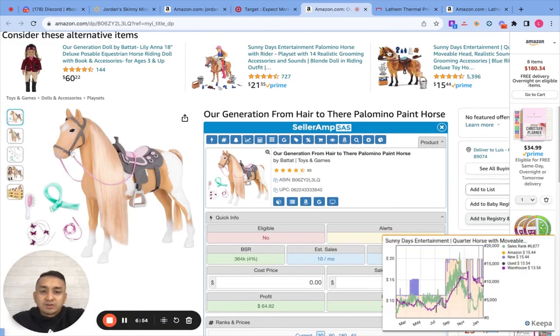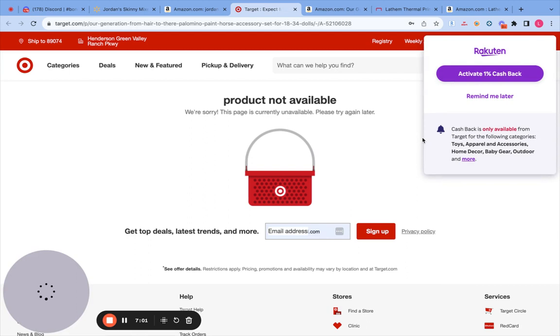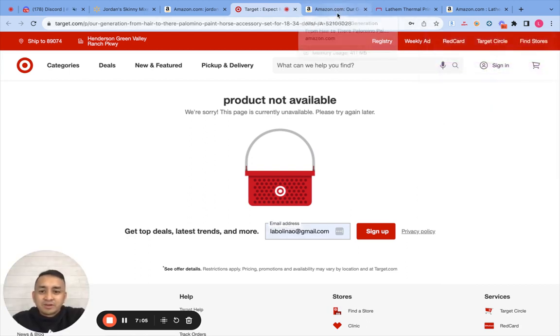Next product is a horse toy, Palomino paint horse. Okay. Wow, this one is not on Target either. It seems like these products are selling out pretty quickly.